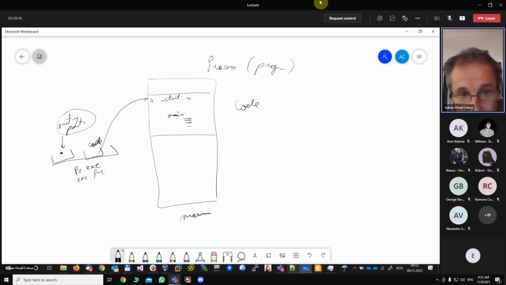So the operating system knows from the executable, and the executable was generated by a compiler and a linker, okay? The linker is the one establishing the structure of the process memory and the entry point. Of course, it is the application developer who configures the linker.